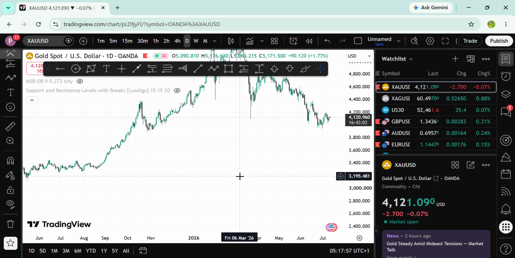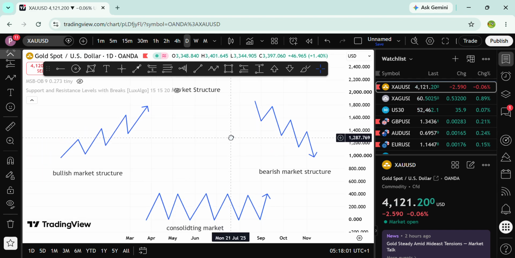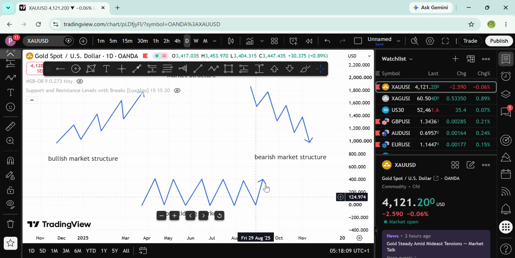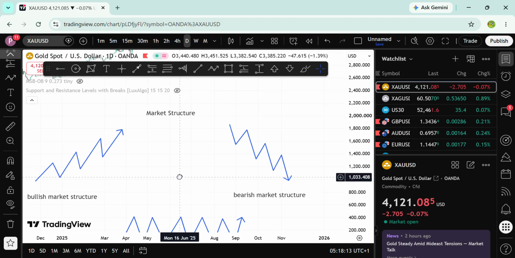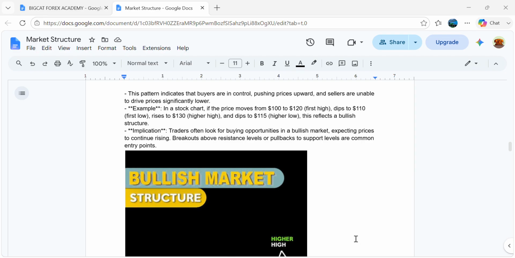So the market structure is all about a bullish market structure that is going upward and a bearish market structure that is coming downwards. Then the consolidating market structure is a ranging market that is not giving us any direction. So this is a diagram of a bullish market structure.